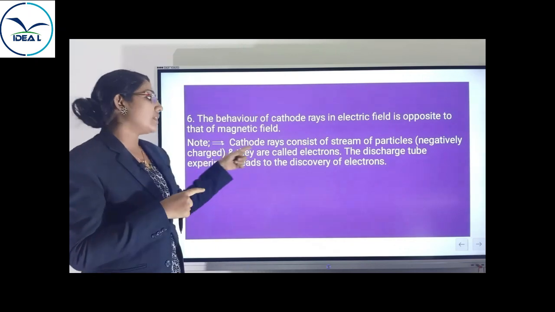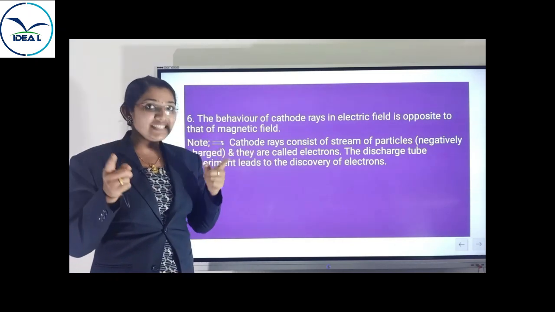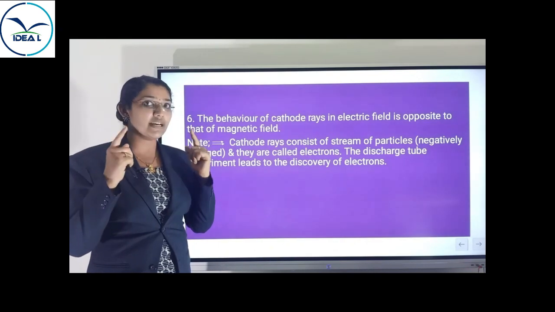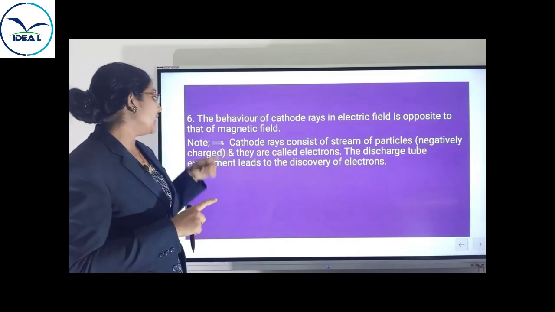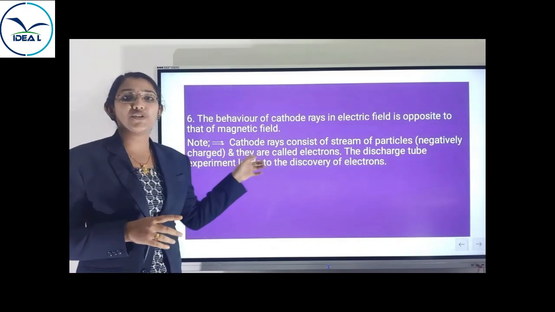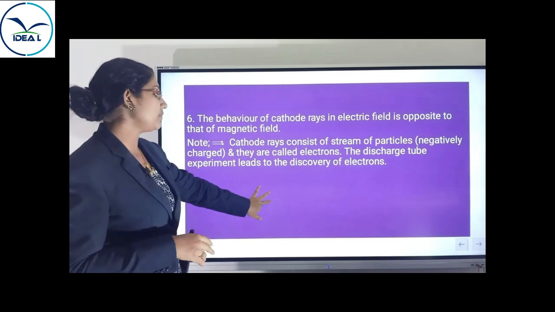So they are called electrons. Simply, we can say that the charge of the electron is negative. How can we say that? From the discharge tube experiment. The discharge tube experiment leads to the discovery of electrons. Clear?